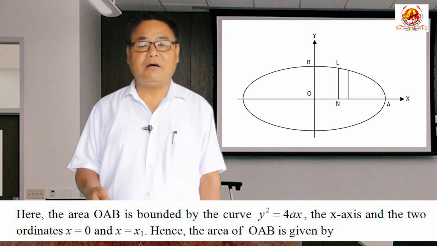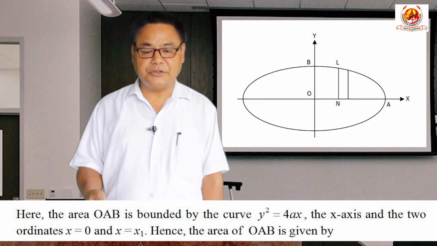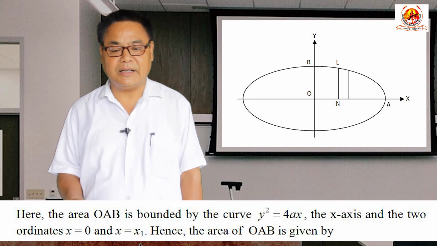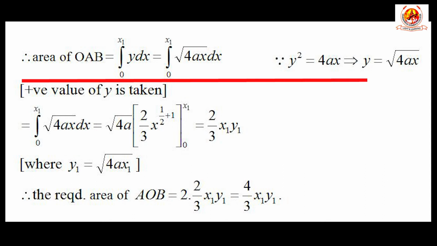Hence the area of the figure OAB is given by area of OAB equals integration from 0 to x1 of y dx. From the standard equation of a parabola, you can convert y in terms of x as we have done in the solution.